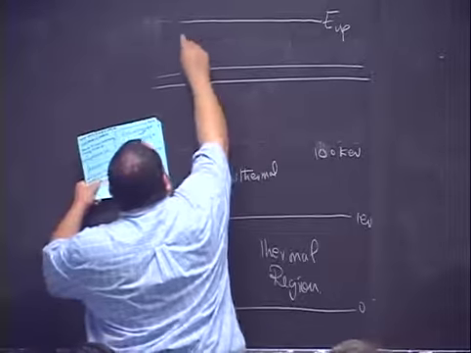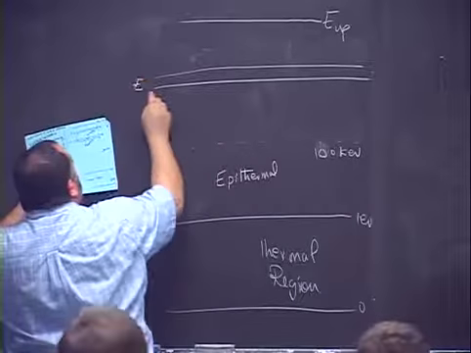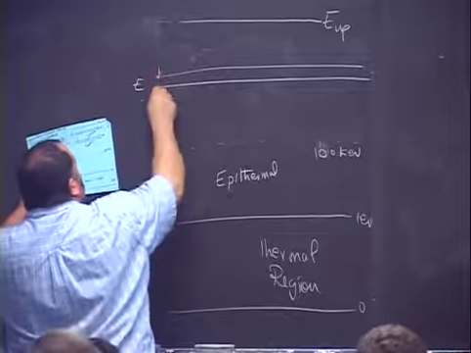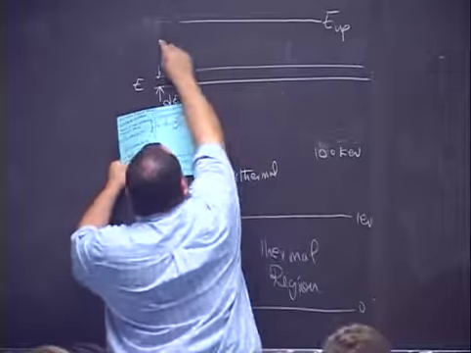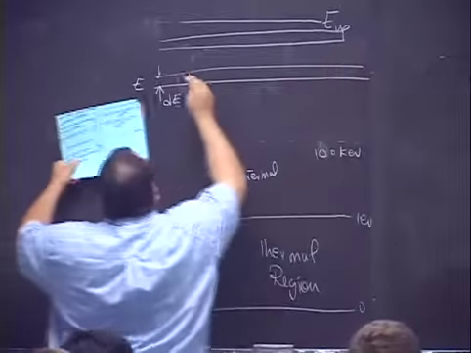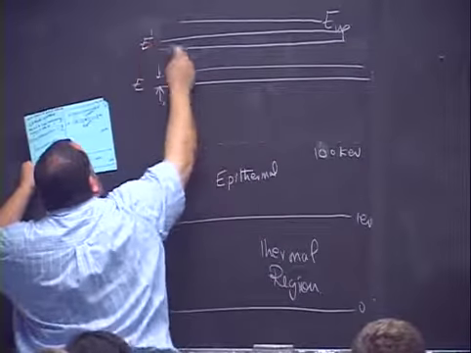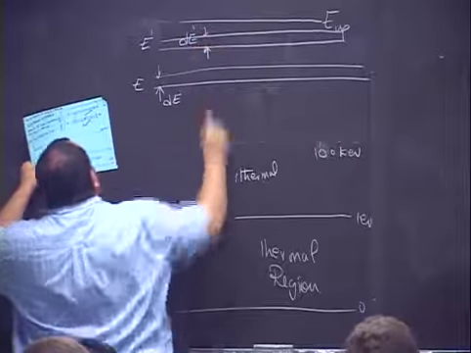Then let's assume that this energy is E within delta E. And there is another group here of energy E prime within delta E prime. So this one is delta E prime.